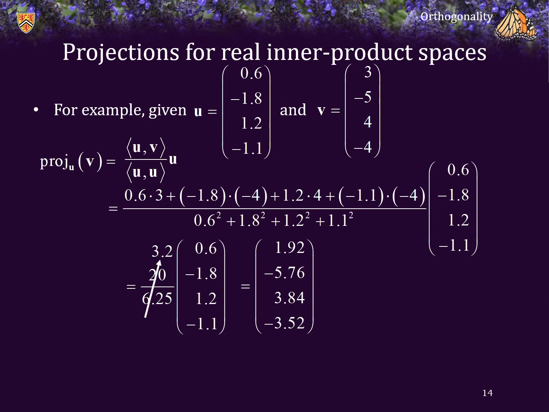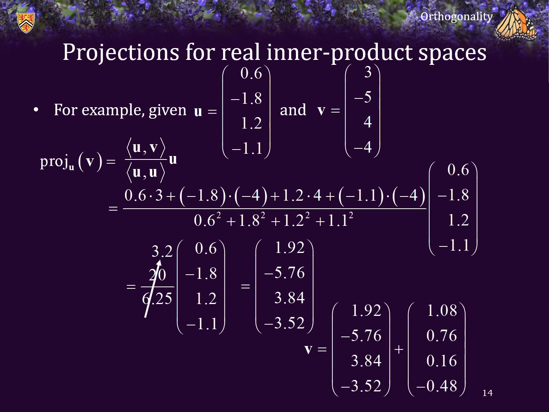Because again, v is equal to this projection plus the perpendicular component. And if you were to calculate the inner product of these two vectors, you would find that they are, yes, indeed, orthogonal to each other. Any other scalar multiple of u will be further away from v than the vector that we just calculated.